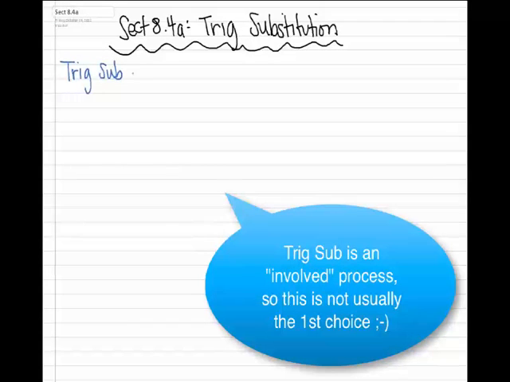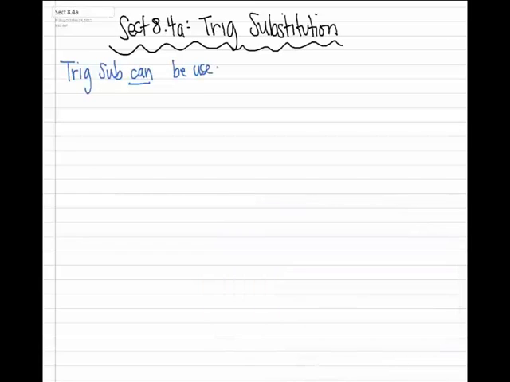Okay, our next section focuses on something called trig substitution. So trig sub can be used to evaluate integrals of a certain type.